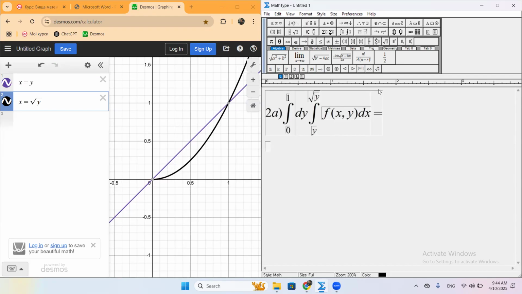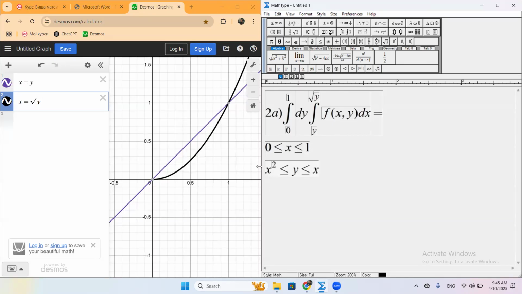So how can we describe this region of integration in another way? As we can see from the graph, x has values from 0 to 1. And what about y? Here we don't have numbers but functions.